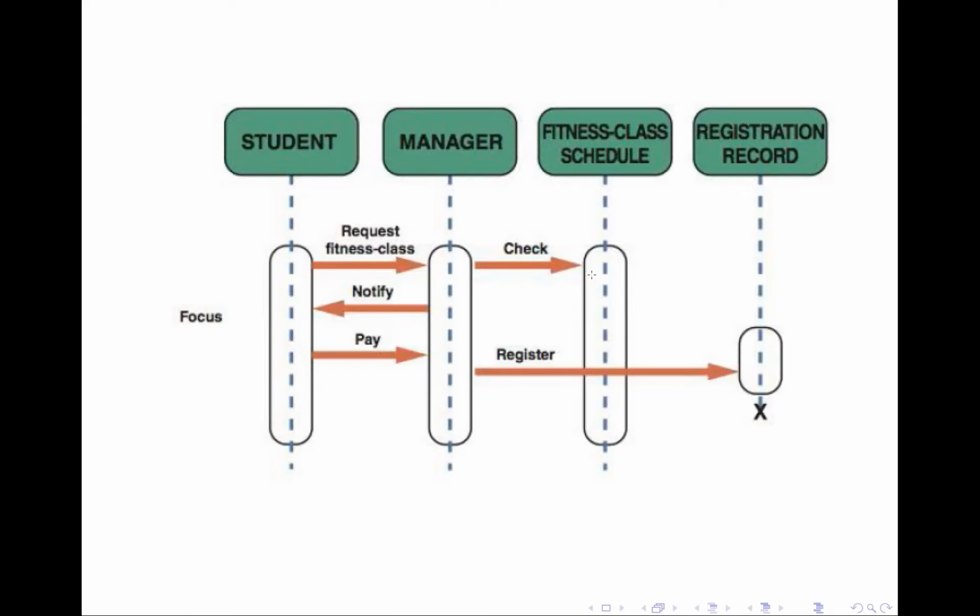Depending on that, the manager will notify the student and ask for the payment. And then the student has to make the payment. This interaction happens between student and manager, and then the manager registers the student in the system, right? So you can see that the whole process of the function can be represented within the sequence diagram.